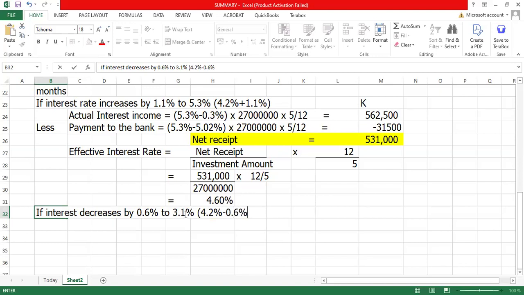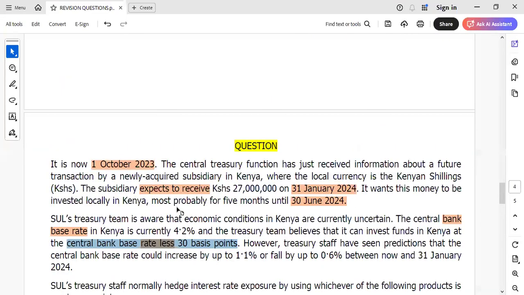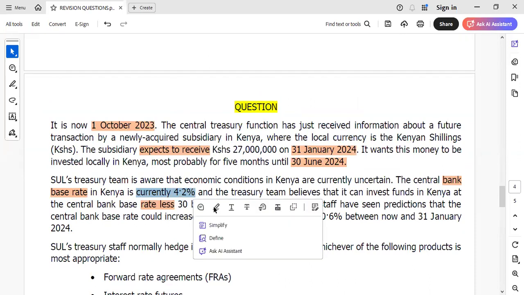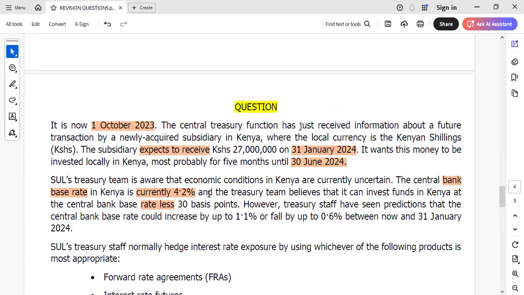Okay, that's how we are getting 3.6 from 4.2. 4.2 is given in the question. I hope all of you saw where that 4.2 is. It's given that currently the central bank rate is 4.2. Now in a scenario where that 4.2 has decreased by 0.6, then the new central bank rate will be 3.6.